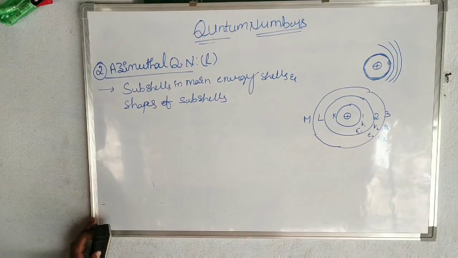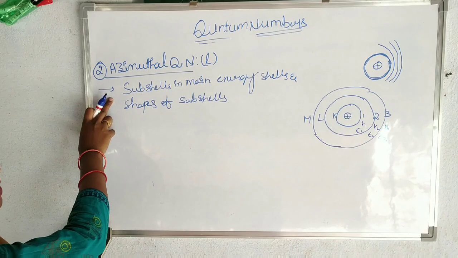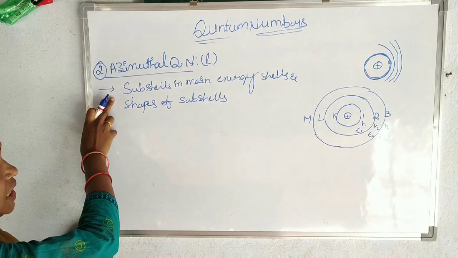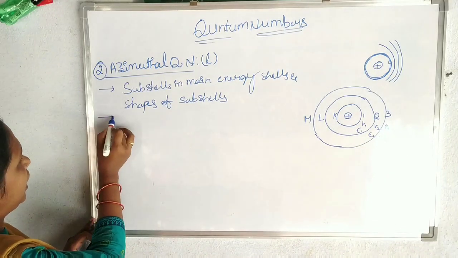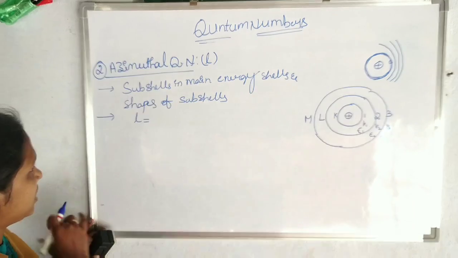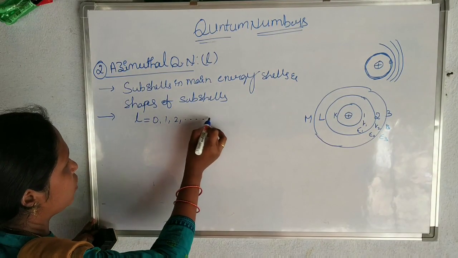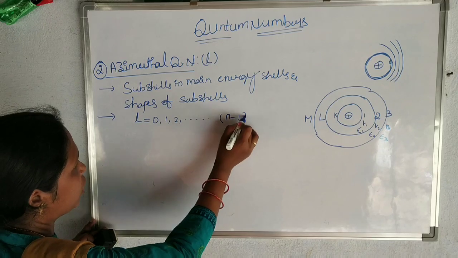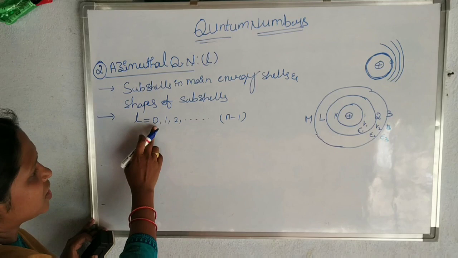Okay, the azimuthal quantum number explains the subshells in main energy shells and also the shapes of the subshells. Here L has values represented as 0, 1, 2, and so on up to n minus 1, because n starts from 1 but L starts from 0.